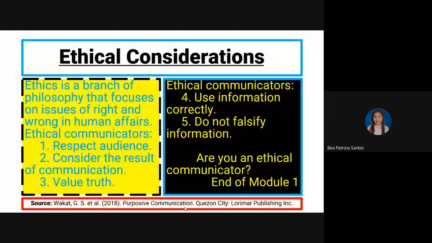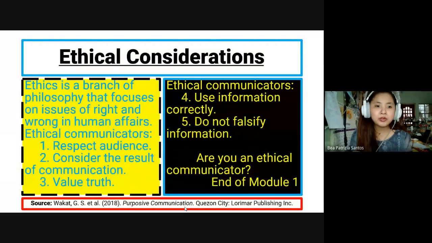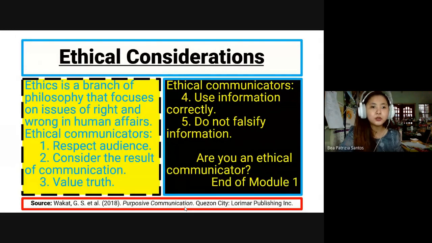We will now have our last topic for the first module. These are the ethical considerations in communication. Ethics is a branch of philosophy that focuses on issues of right and wrong in human affairs.